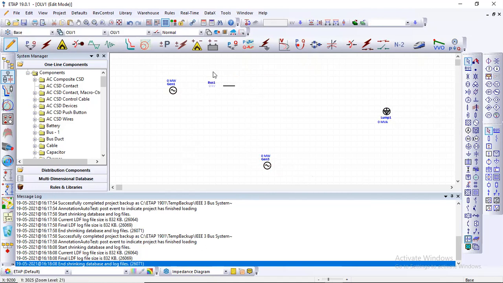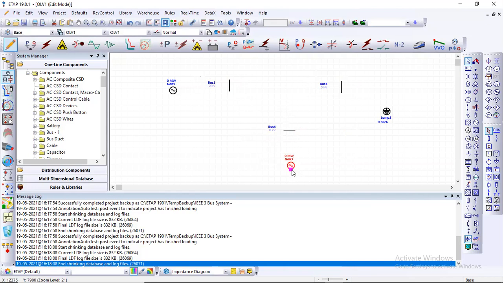Further, Control C and Control V at this level, and at this level. So this one would be Control R, and this one would be Control R. The generator has to be connected.